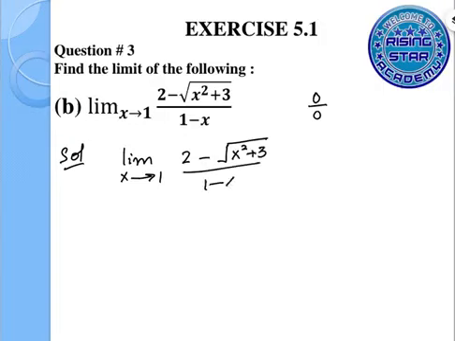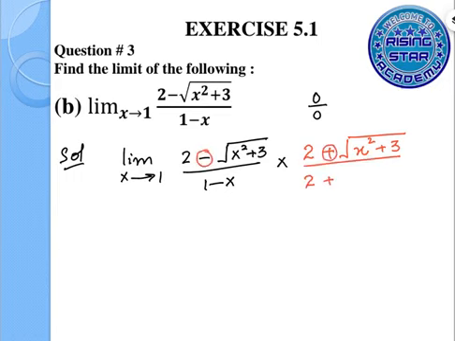One minus square root of x square plus 3 over 1 minus x. Now the next step for rationalization, we will multiply the numerator but with the opposite sign, so that would be 2 plus square root of x square plus 3 divided by 2 plus square root of x square plus 3, because here is negative, so we will make the opposite sign. Same in the numerator and in the denominator.